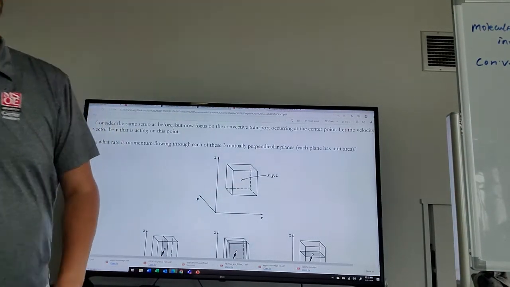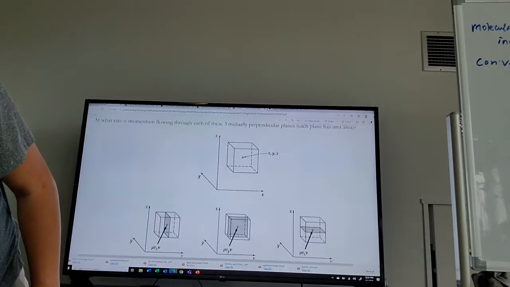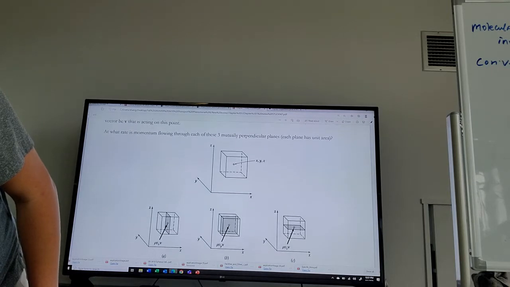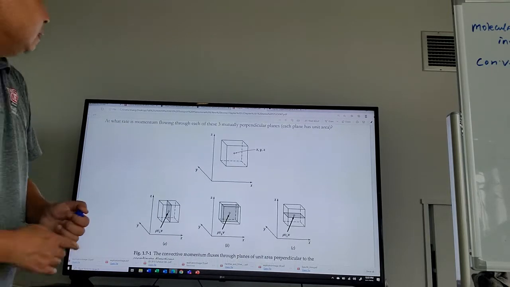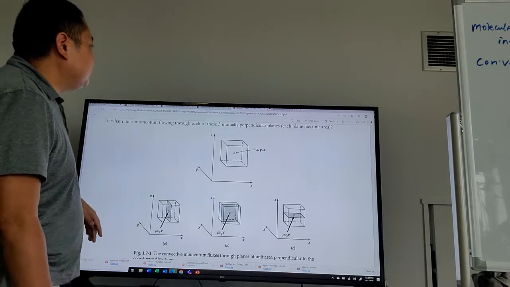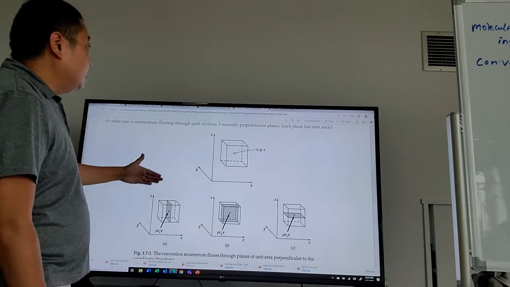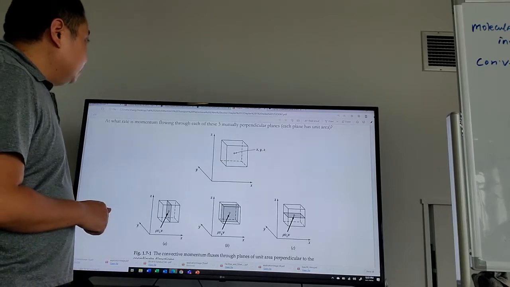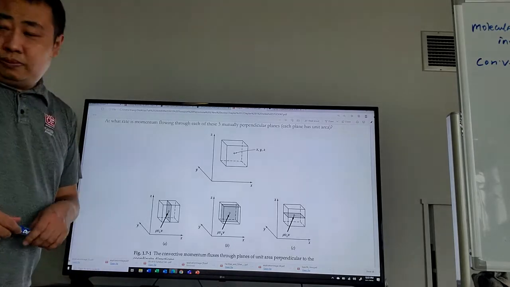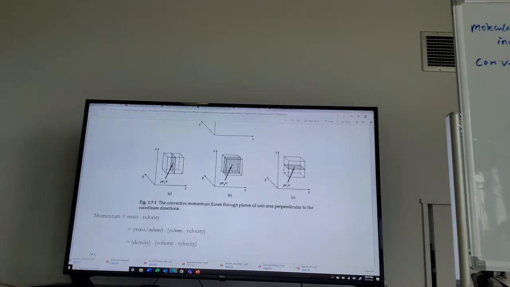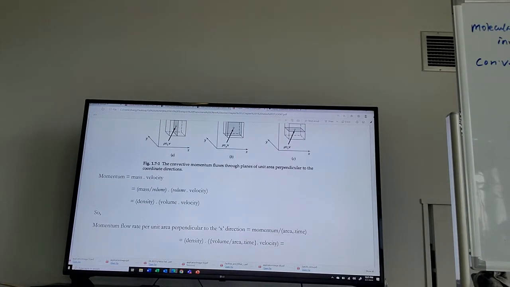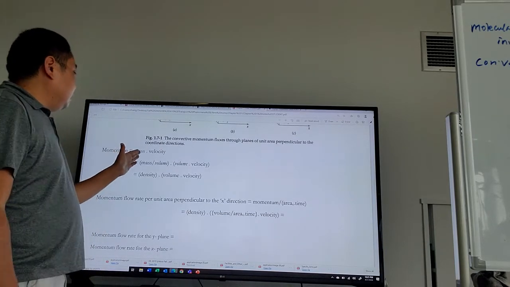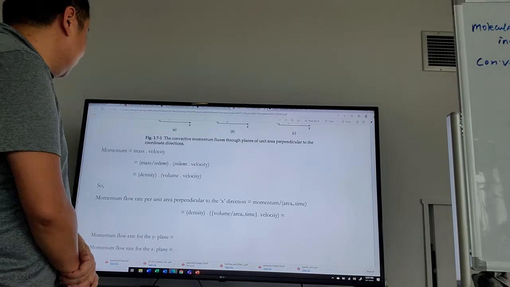If we look at this center point, we consider three mutually perpendicular planes. We know momentum is mass multiplied by velocity.